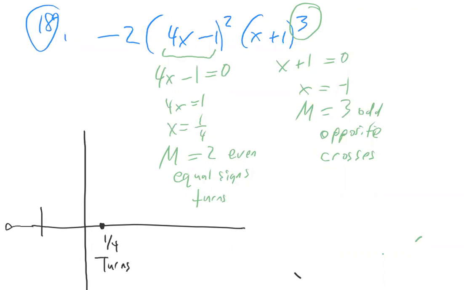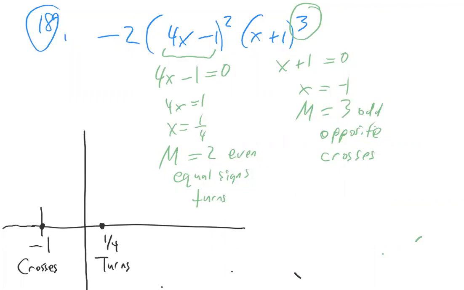Sorry, hold on. Kind of a weird, there we go. So x equals negative 1, that one right there crosses through. So that x-intercept is going to cross through the x-axis.